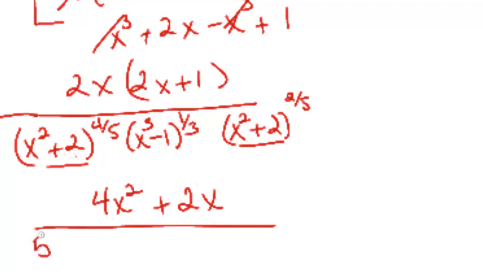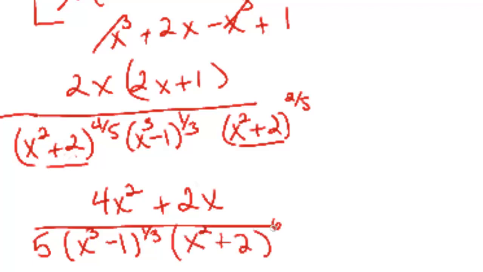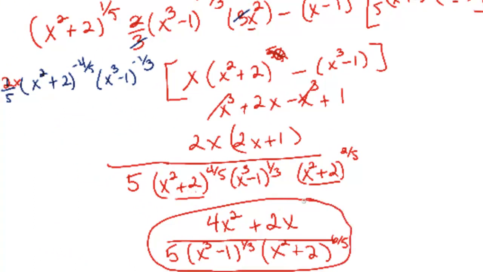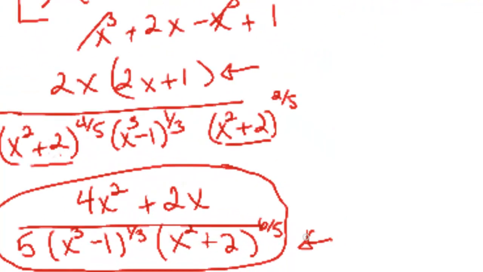But either way, the denominator should simplify into this. Two like bases, you add the exponents. And you get that right there. Alright? Or you could have this numerator with that denominator. Either one of those are acceptable.